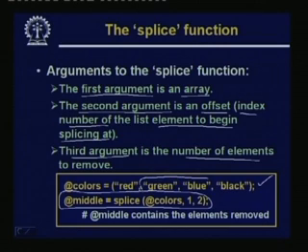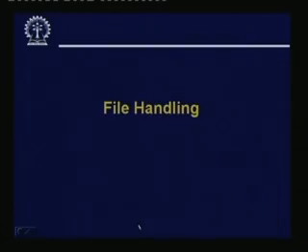These 2 elements, green and blue, will be removed from the array colors, and if you assign the value to some other array, middle, then middle will contain the list of the elements removed, in this case green and blue, right. So, this is what splice does.